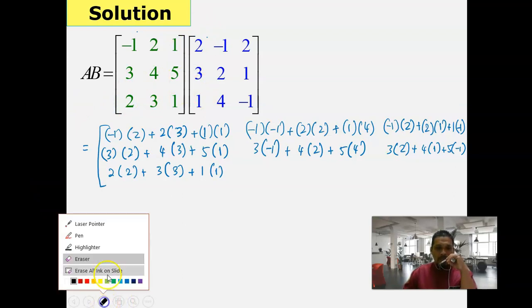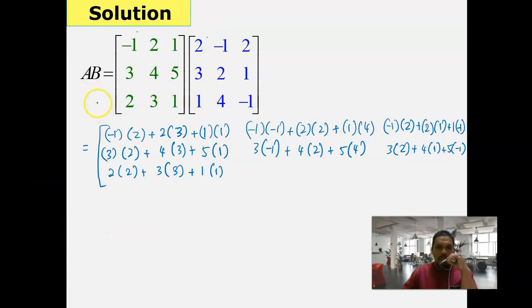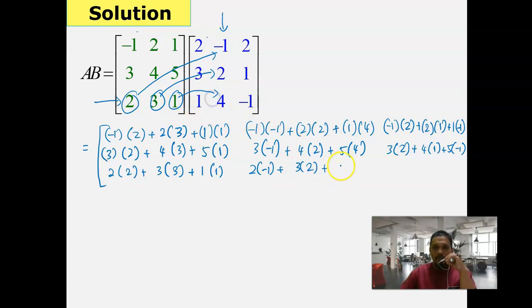And now we are focusing on the element in matrix A, row 3, with matrix B in row number 2. 2 times negative 1 plus 3 times 2 plus 1 multiplied with 4. Okay.